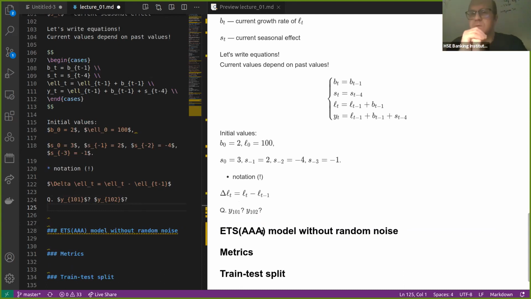That's a question to you. But that's an easy question. Just plug in. You have all the equations and initial values. You just plug in and you are happy.